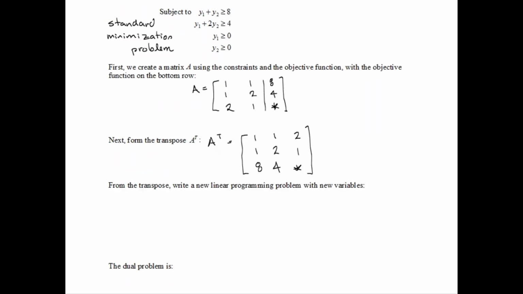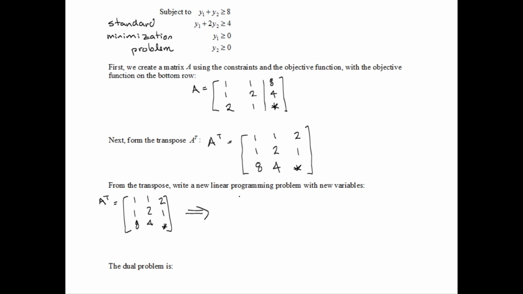Okay, from the transpose, we're going to write a new linear programming problem with new variables. So here's my transpose. And I've rewritten it so that it's easy to see where these new inequalities and objective function are coming from.